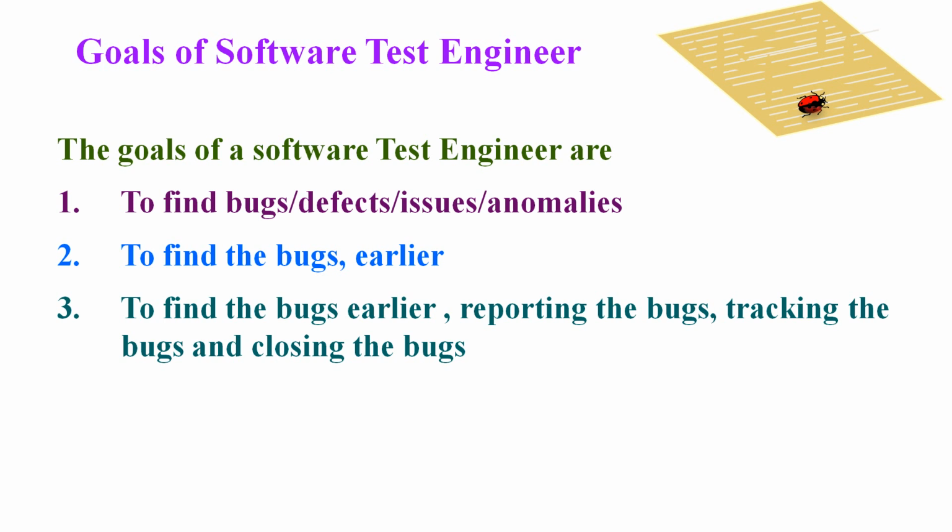Immediately after finding it, this defect should be reported to the author of the document, that is the business analyst. After reporting the defect, the software test engineer has to track the defect to find its status.